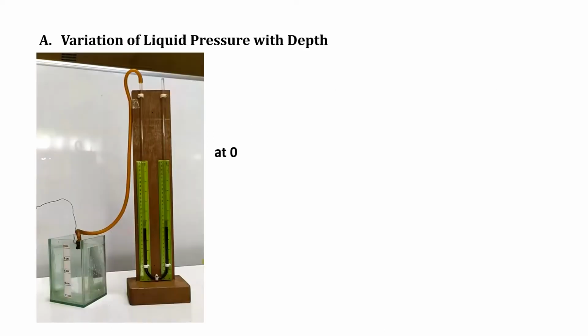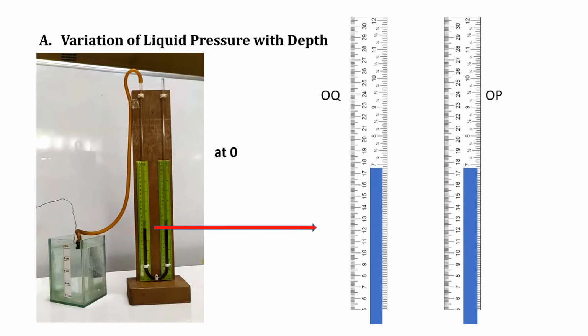Now let's proceed. So first part of the experiment, variation of liquid pressure with depth. So at 0 centimeter mark, this is the expanded view. Again, you may pause the video if you need more time in reading the measure.